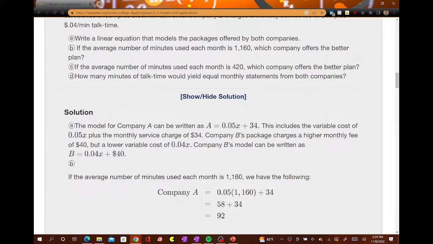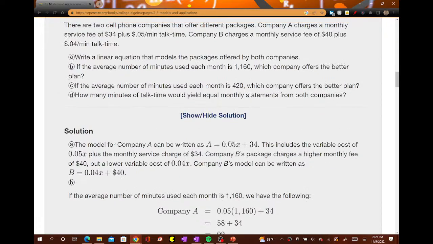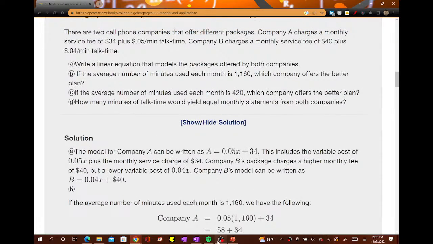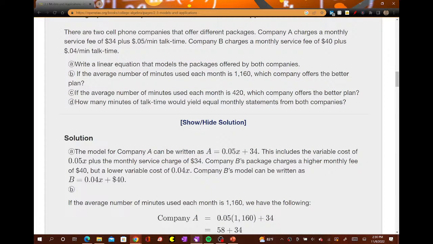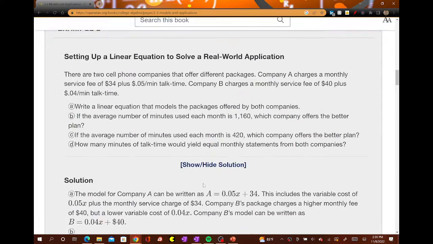Yeah, so 0.05x plus 34 was company A, and company B was 0.04x plus 40. That's basically what they wanted us to do there.